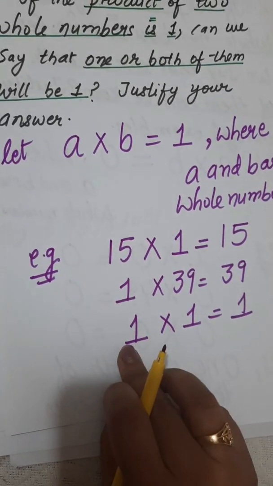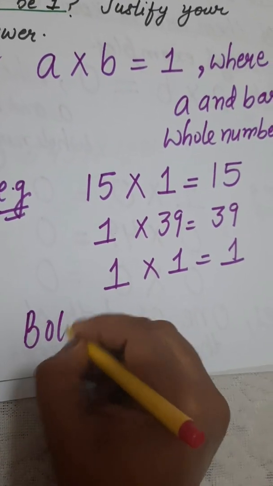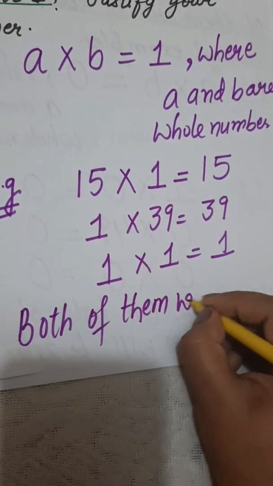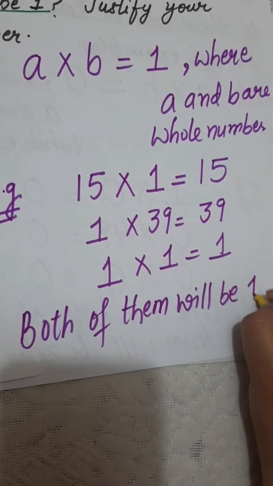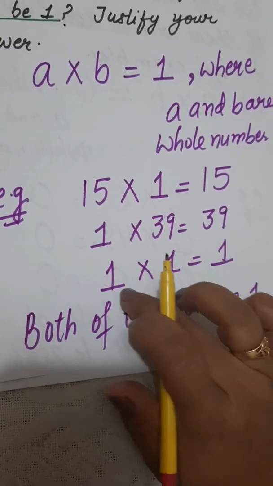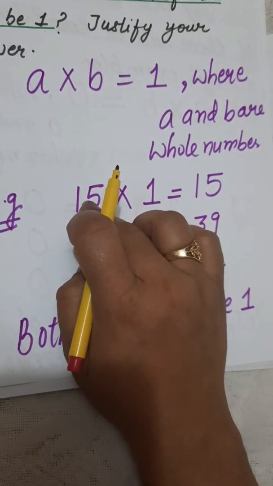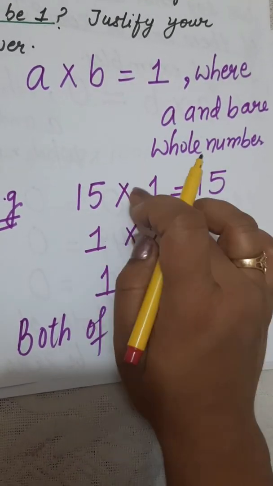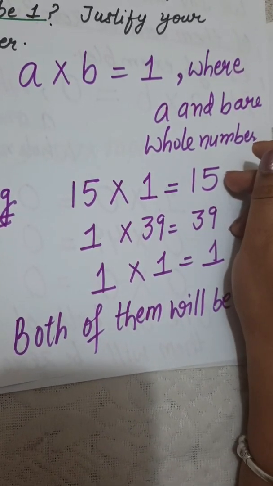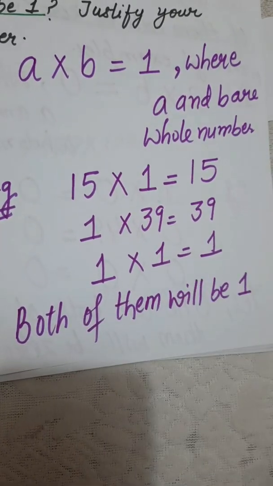It means if both the whole numbers are 1, both of them will be 1. When will I get the product 1? If both the whole numbers are 1. If only one number is 1 and the other number is 15 or 17, and you multiply them, you get the same number, the identity. But if you multiply 1 with 1, then you will get 1.